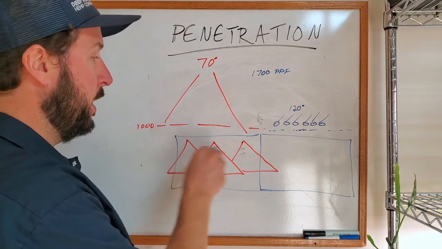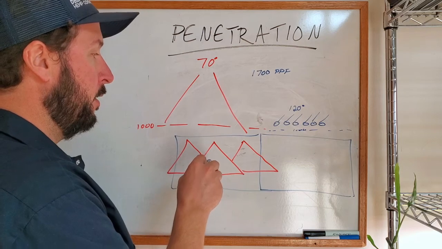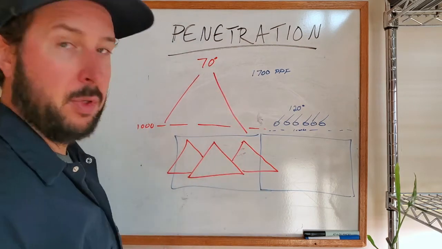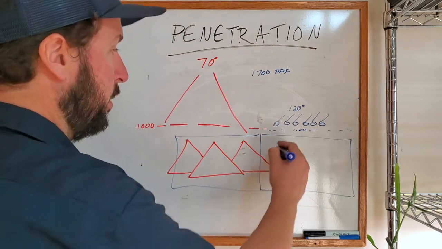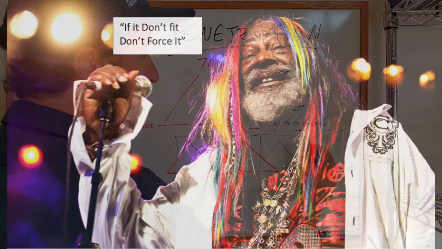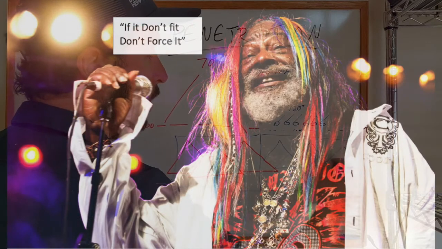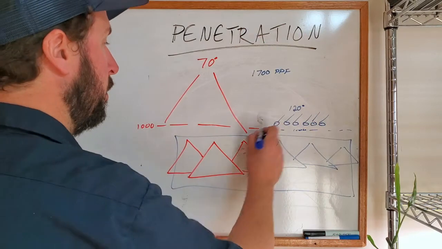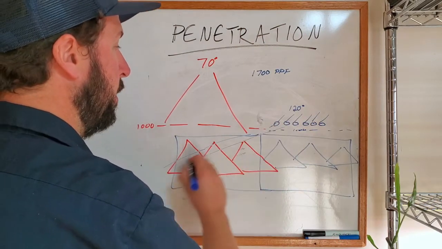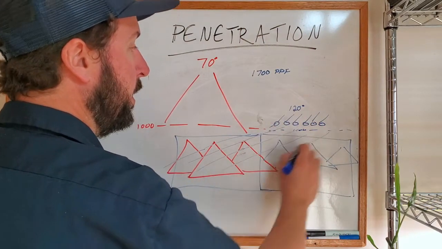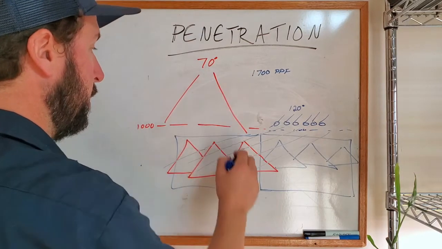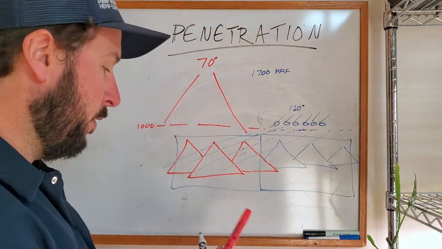So the only way into the canopy, other than what you see from looking directly down on it, is to go with a wide angle throw. This is going to get further into the canopy every time than this before it runs into something.